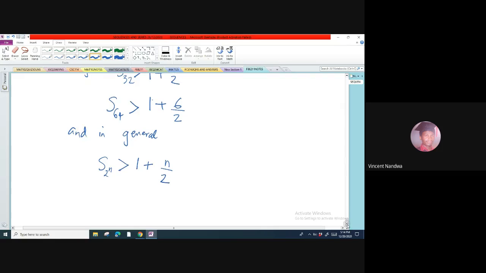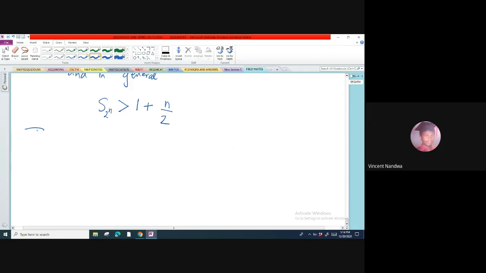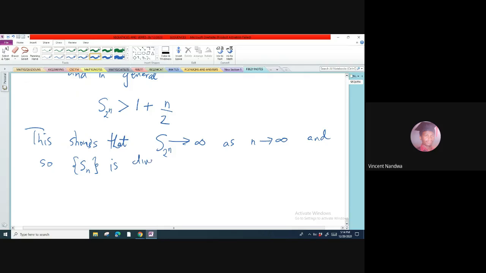This shows that S2 raised to power n approaches infinity as n approaches infinity, and so Sn is divergent.